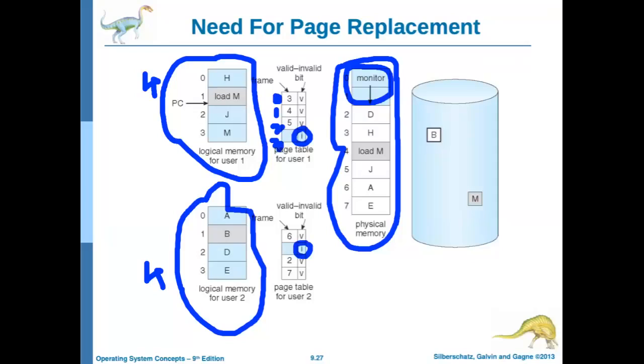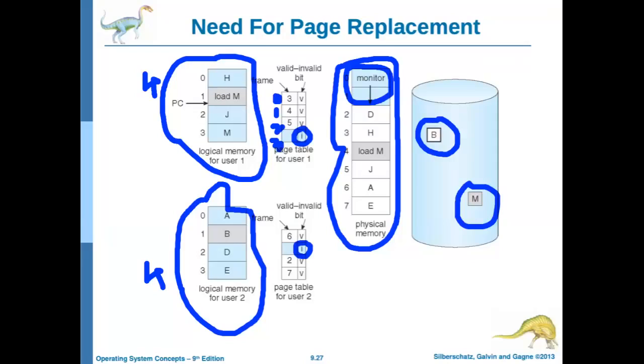So 6 frames are available for user processes. Now the first process occupied 3, the second process occupied 3. Now for example, load M is available on the backing store, and this B is also available on the backing store.